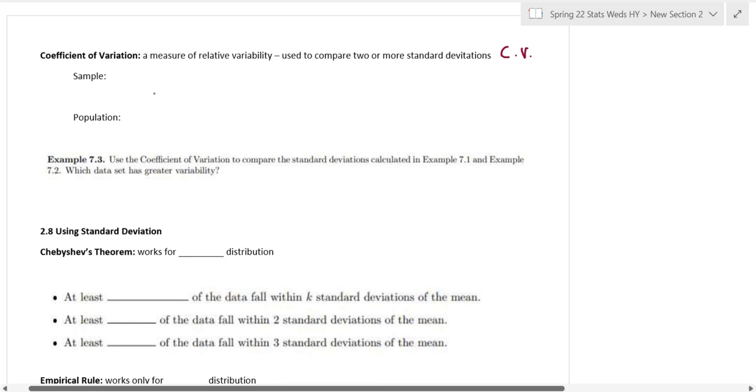It is used to compare standard deviations. So if you have a sample, it's just going to be the standard deviation over the mean times 100. And then it's given as a percent. And it's the same thing for population, just with the Greek letters. So sigma over mu.